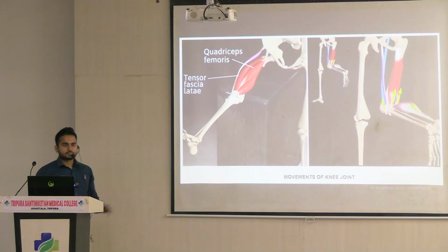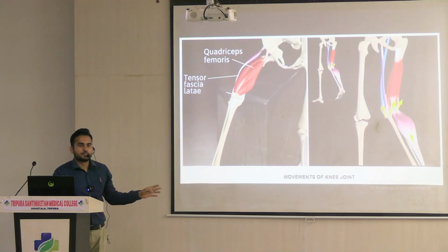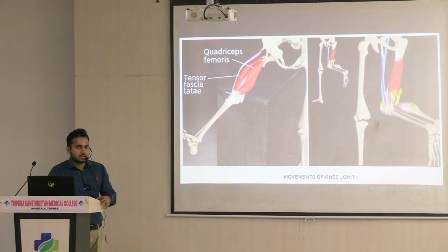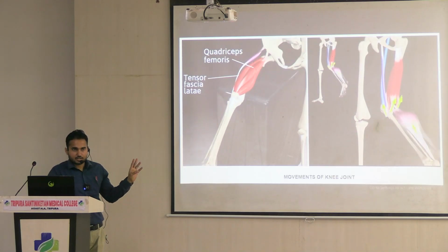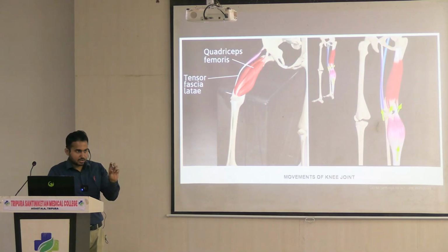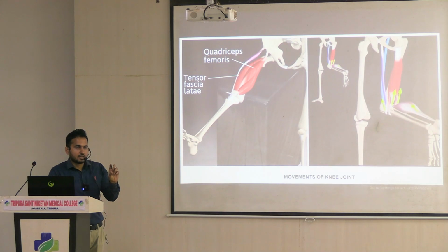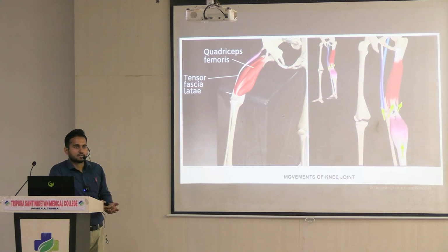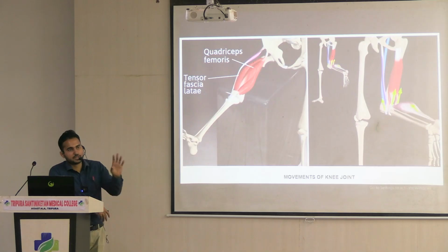Now, yesterday the group who presented the hip joint, I was having some animations and I shared those animations with them. I don't know what is wrong with them. They took a screenshot of the animation and pasted them together.